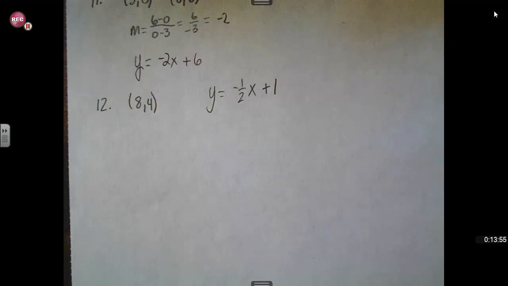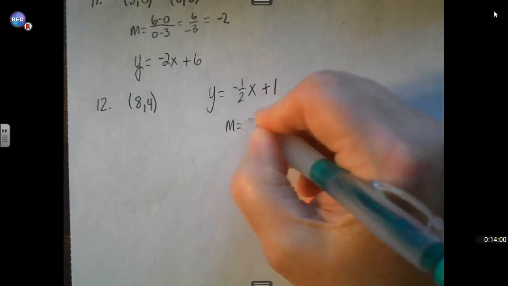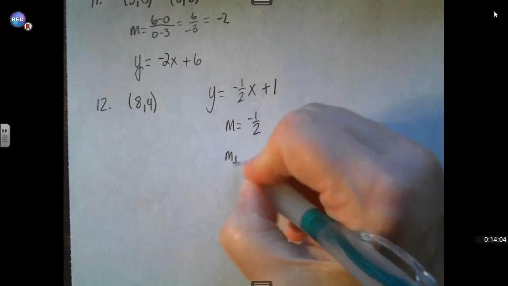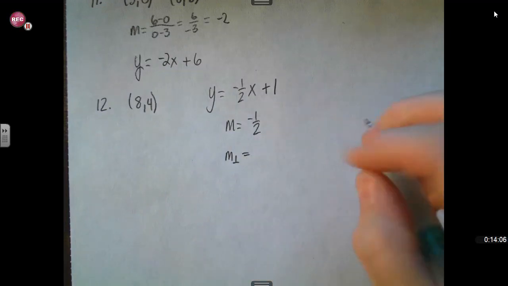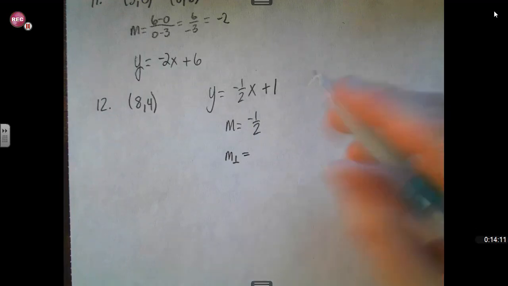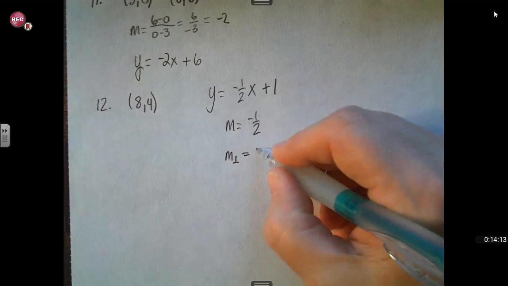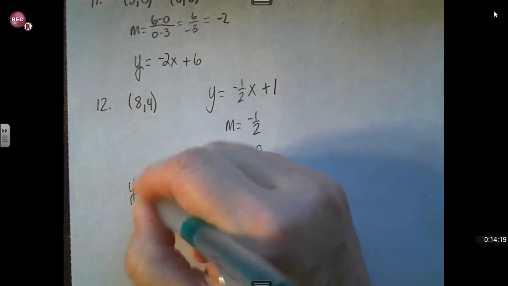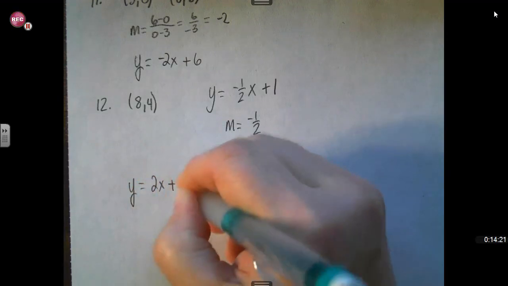They just disguised the way we know the slope. The slope of this line is negative 1/2. The slope of the line perpendicular to it is the opposite reciprocal of that. So the opposite reciprocal of negative 1/2 is 2. And so we have y equals 2x plus b.